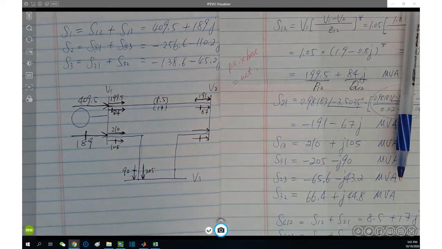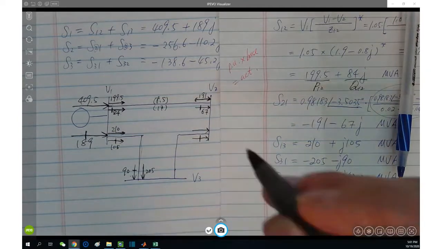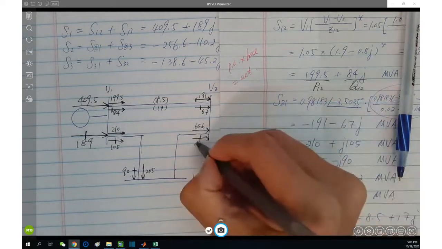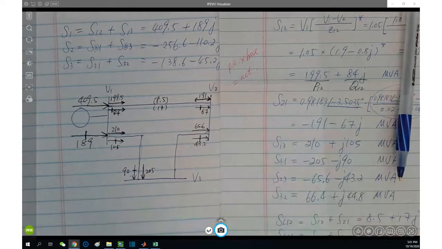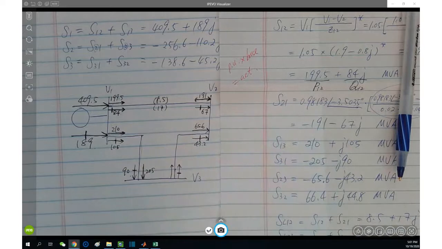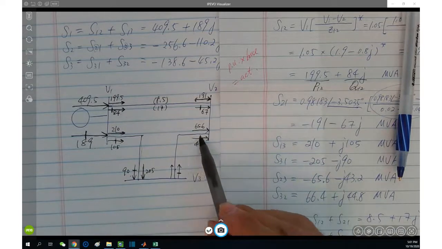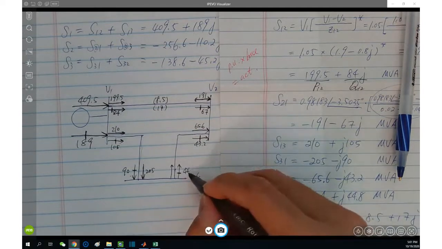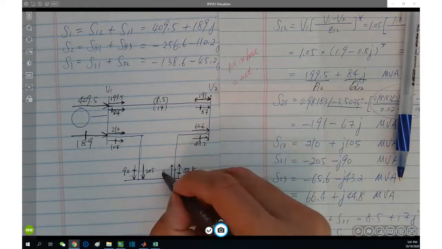So it's negative 65.6 and 33.2. And here the right-hand side now becomes the reactive power, to be consistent with here. Reactive power now is 44.8, active 66.4.